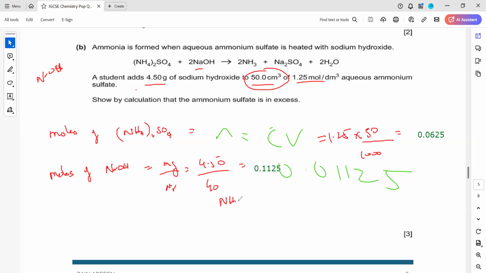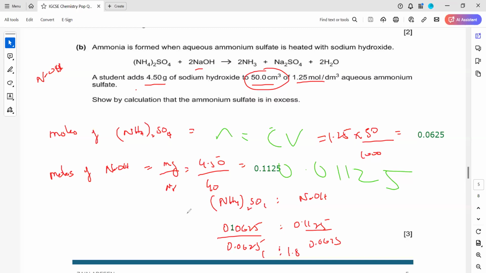Okay. Now we take a ratio. We take the simplest ratio between ammonium sulfate moles and sodium hydroxide moles. This is 0.0625 and this is 0.1125. We divide by the smallest value, 0.0625 and 0.0625. So this will be 1 and this will be 1.8.